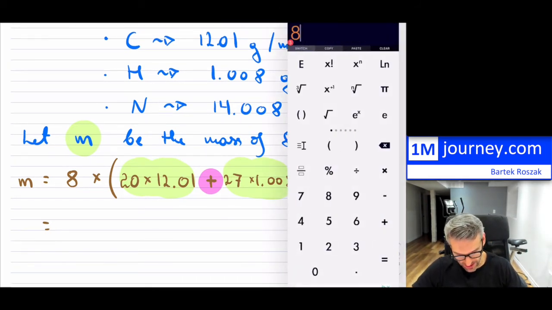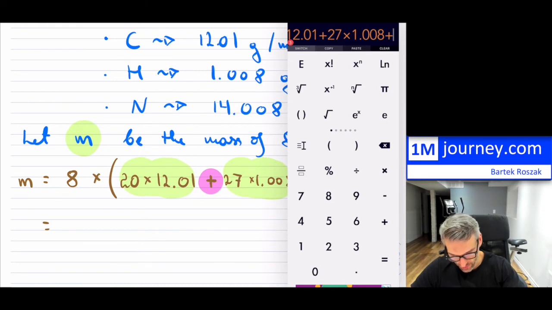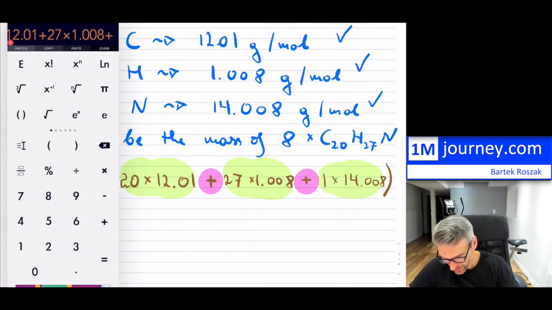So 8 times, open your bracket, now 20 times 12.01 plus 27 times 1.008 plus, and then that's the last one there. And that was just 1 times 14.008. Close my bracket, compute.